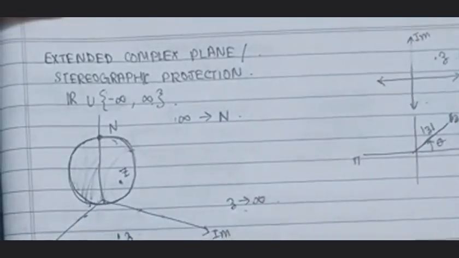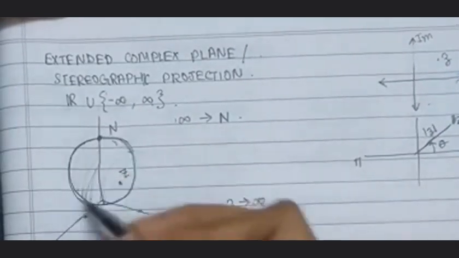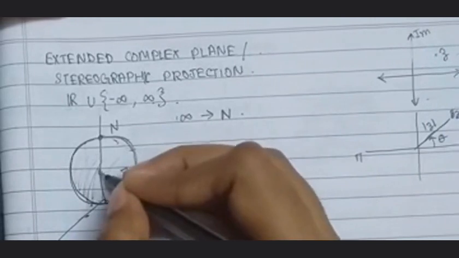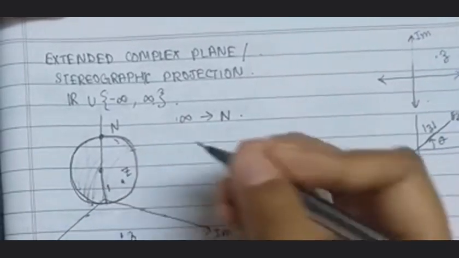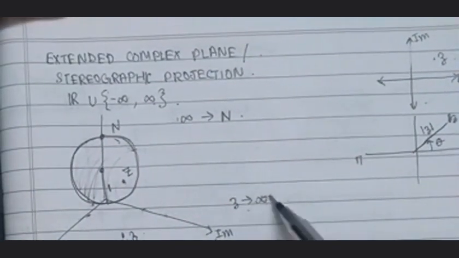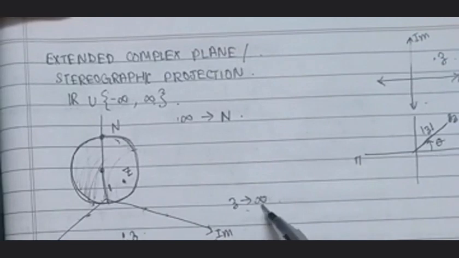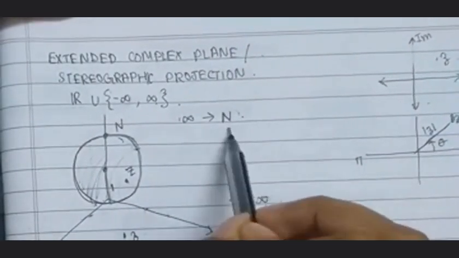So all the points on the complex plane are mapped to some point on the surface of this unit sphere, right? It's a unit sphere with its radius 1. And the left out point, infinity, goes to N, the North Pole.